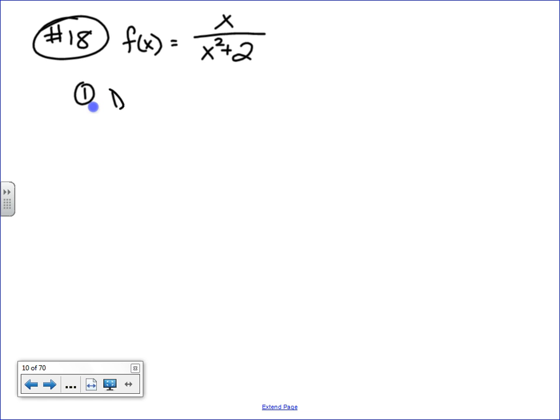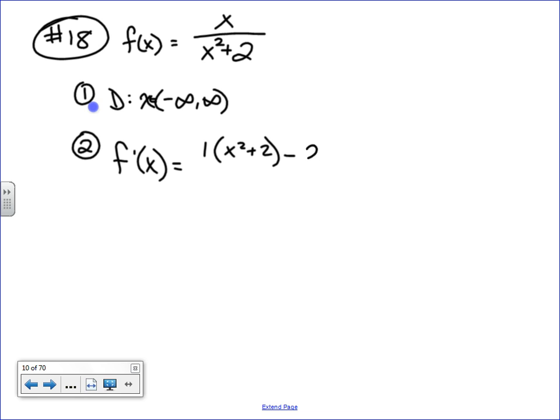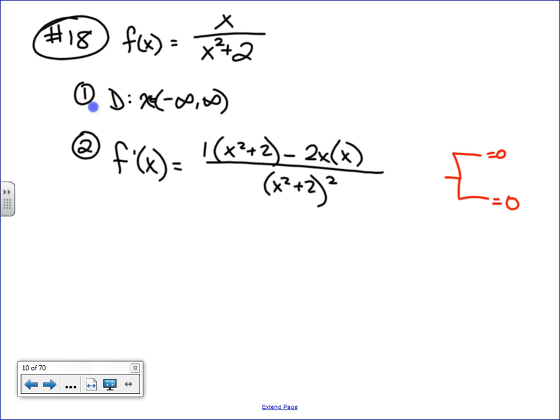First step, domain. Just a hint, my domain is all real numbers. Some of you might see why it's all real numbers, some of you might need to set the bottom equal to 0 and see it. Second step would take me to f prime. Guys, when I get f prime, you know we have to use quotient rule, right? If I want to find my critical numbers, which is a very important step two of the process, question: do I want to solve for equal to 0 right now before I've simplified or after?